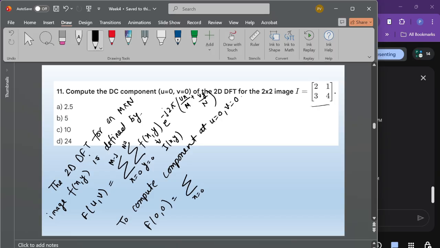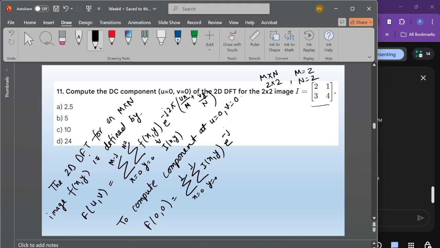The image is a 2 cross 2 matrix, so M equal to 2 and N equal to 2, right? So M minus 1 will be 2 minus 1, so 1. Similarly, y is equal to 0 to 1. I(x, y) or f(x, y), whatever you can take. Here I is given, so we take I.